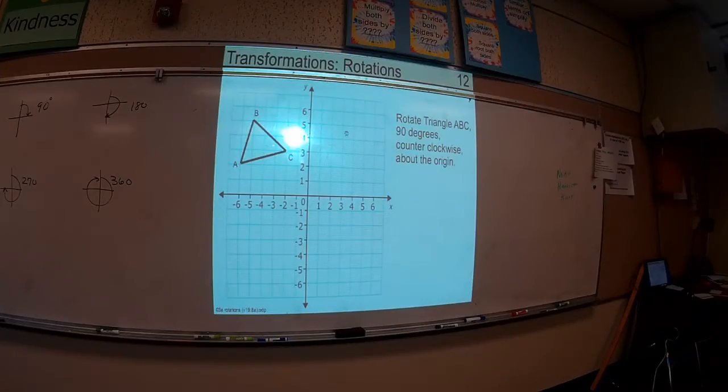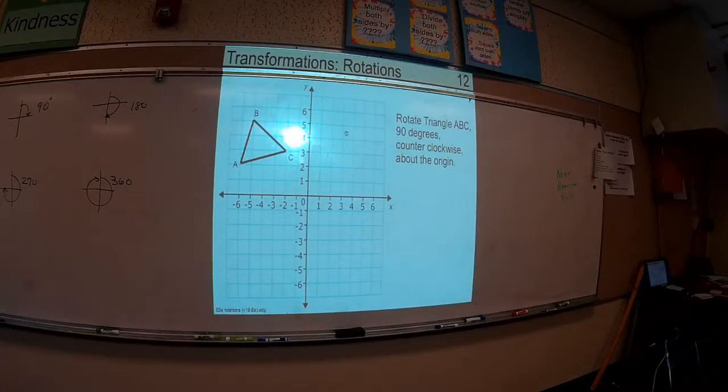Label the A's and C's. Nice, you're ready for the rotation. This point's off. You can see it's over at 2, negative 2, 3. And then you also need to do it over on this piece of paper.